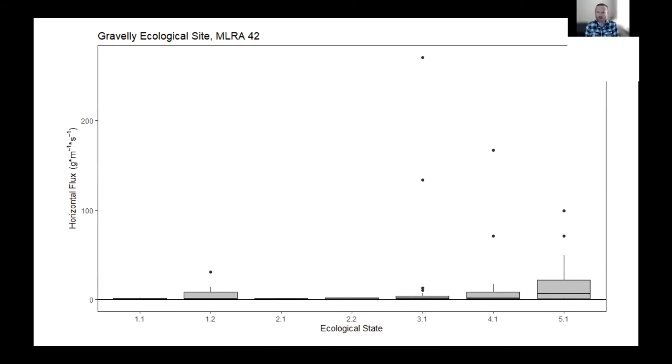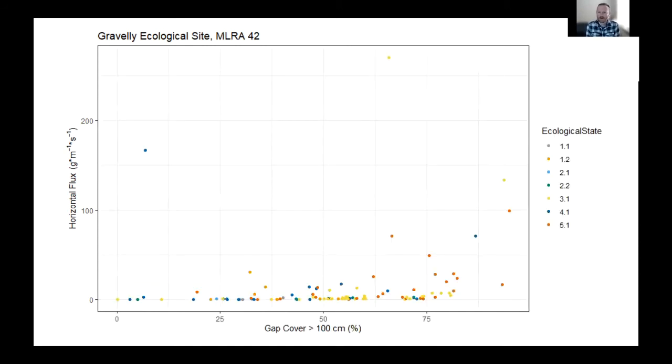There does appear to be a relationship where erosion estimates increase with site degradation for the gravelly site. And then we explored the same relationships between horizontal flux and gap cover greater than 100 centimeters. We see a similar relationship to that which we observed for the Sandy ecological site, but here states beyond 3.1 seem to be the most susceptible to wind erosion.